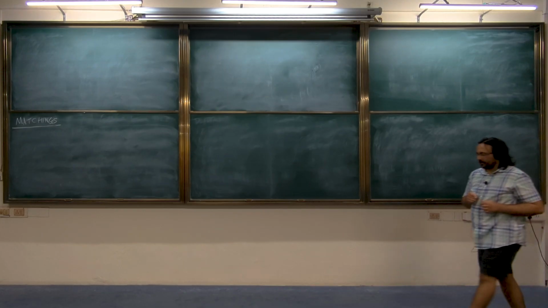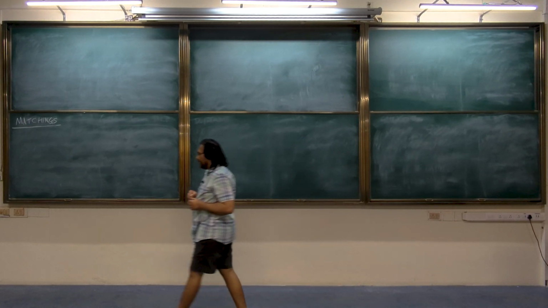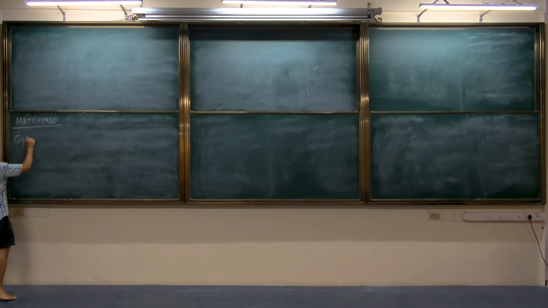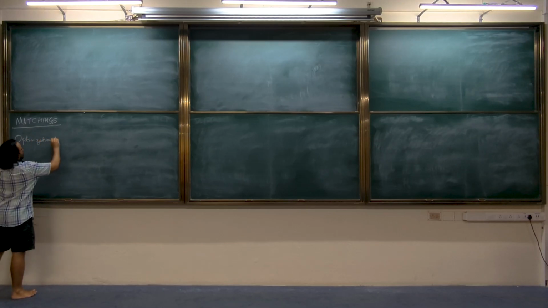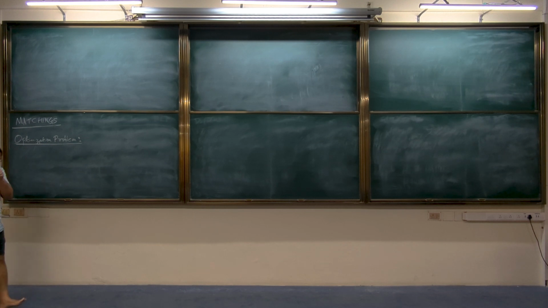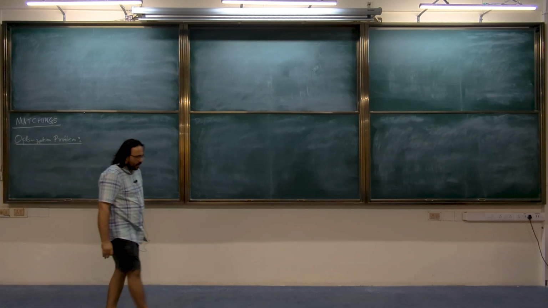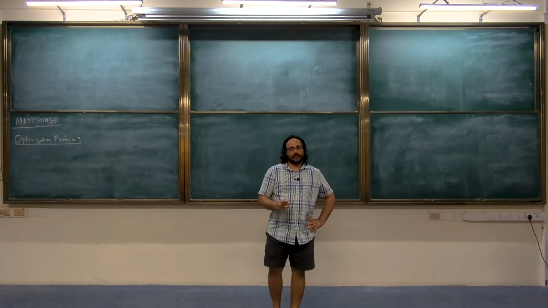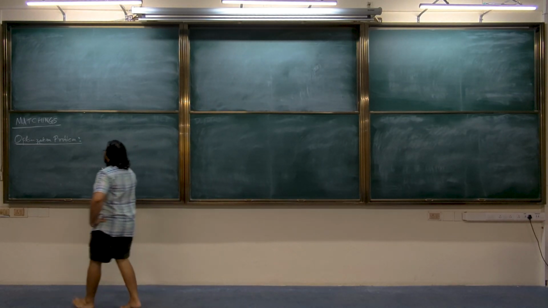The one I want to focus on today, which is, in some sense, one of the most fundamental problems, is the following optimization problem. Given a graph G, find a maximum matching. That's it.